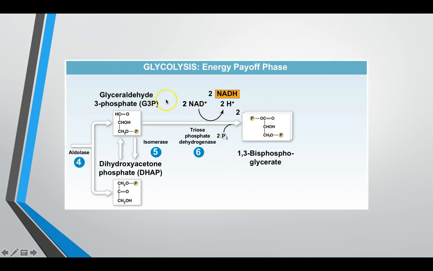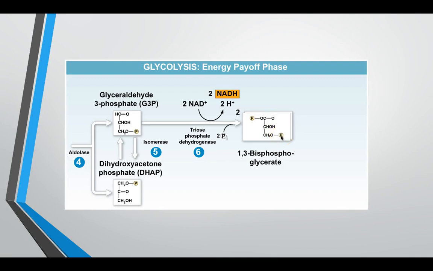When G3P is dehydrogenated, an inorganic phosphate is added in, I have what's known as 1,3-bisphosphoglycerate. 3-carbon compound. On the number 1 carbon and the number 3 carbon, I now have a phosphate group.